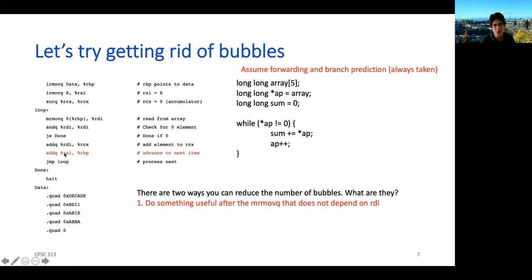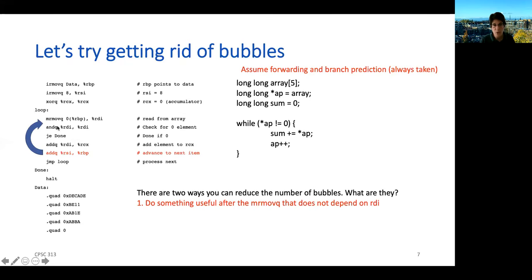So we have an add instruction down here that doesn't depend on rdi. Now, we only have to do that add if we're going to continue looping, but we're going to continue looping 4 times and only stop once. So maybe it's okay to put it up there. So what if we move this add up between the mrmovq and the andq?